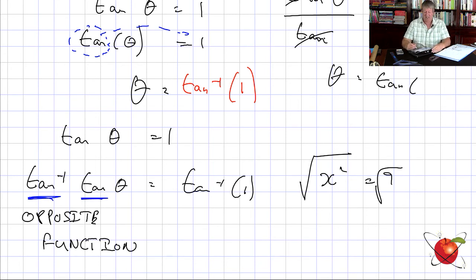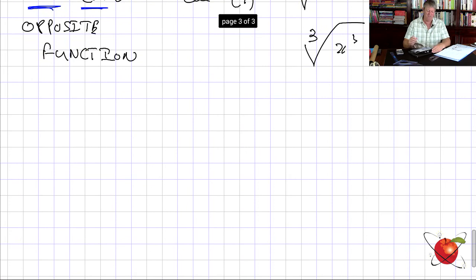The same applies if I had the cube root of x cubed equal to 27. That cancels out. The tan to the minus 1 is cancelling out that tan. Remember, you can never divide through.